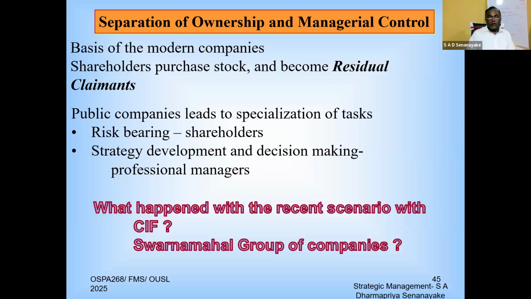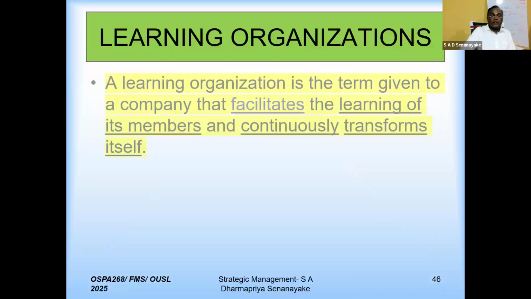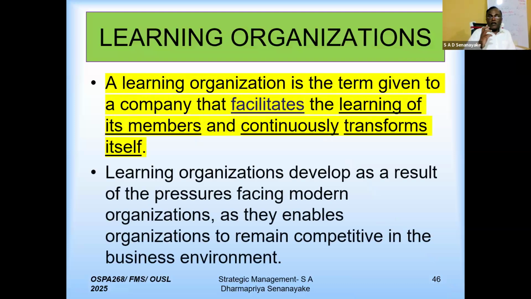Under the Seylan group, we could have seen Golden Key Eye Hospital. So what is the level of return that they are going to give, especially compared to treasury bills? Likewise, we have to say what are the efficient and comparatively strong investments.